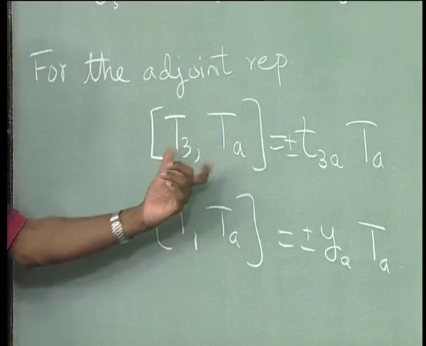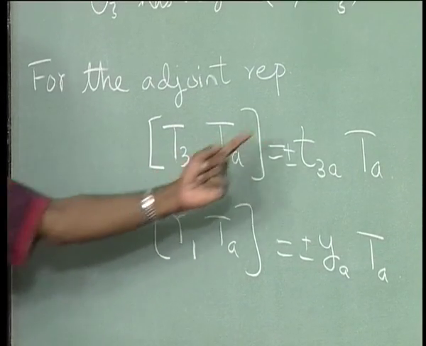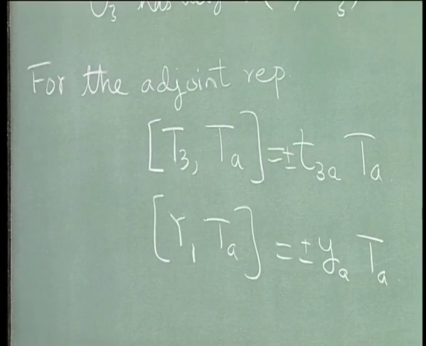So the statement in the adjoint representation is equivalent to this commutation relation.